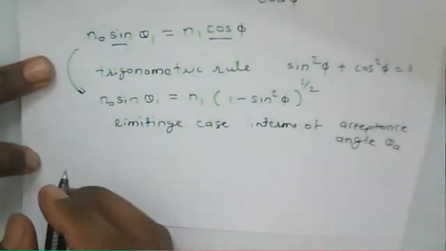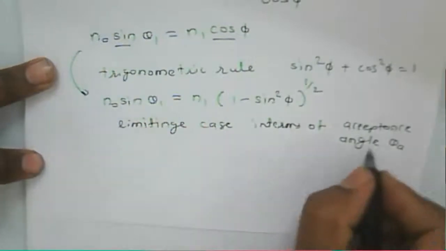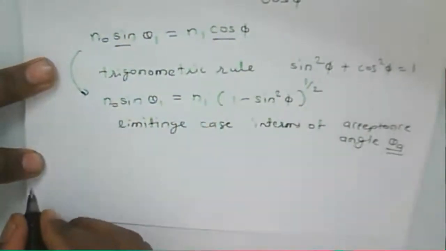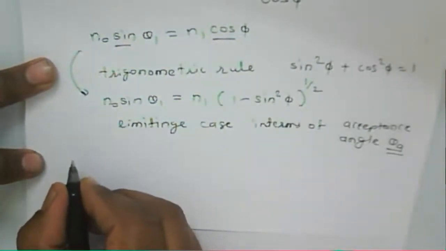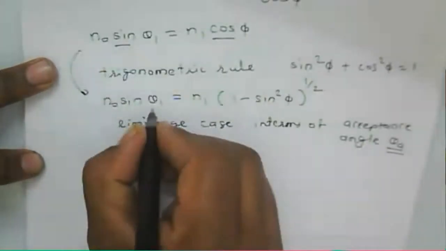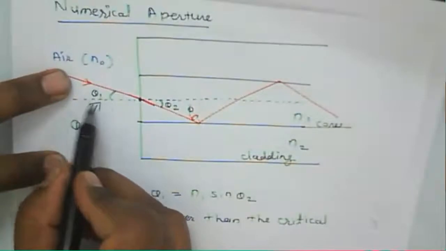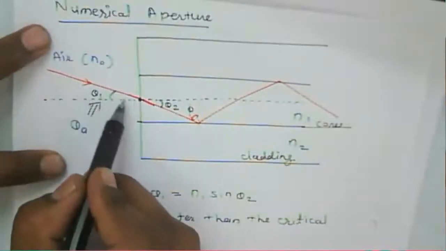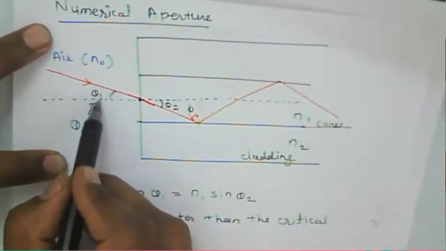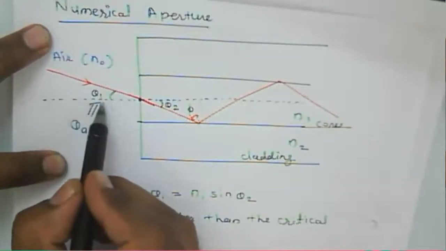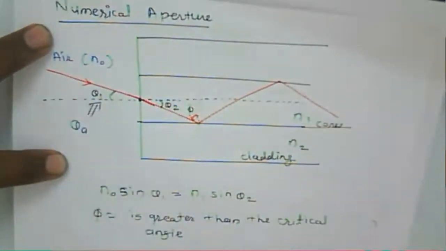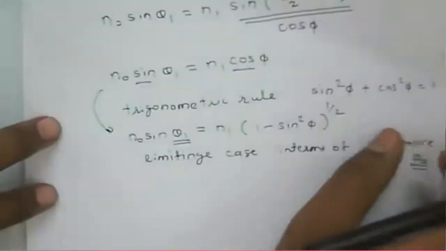Now in the condition of a limiting case, in terms of acceptance angle. What is the acceptance angle? We say it is theta a.